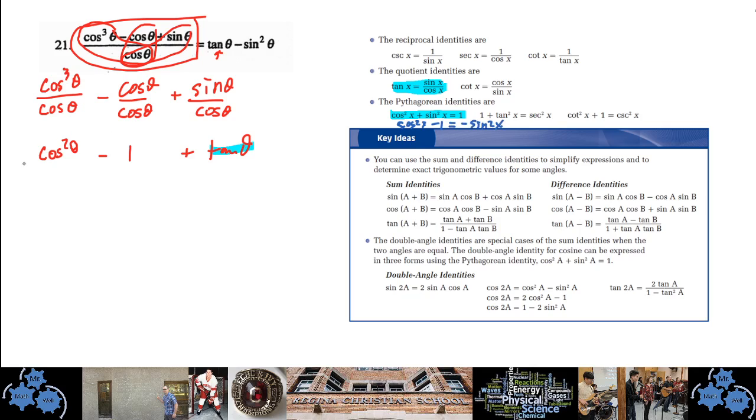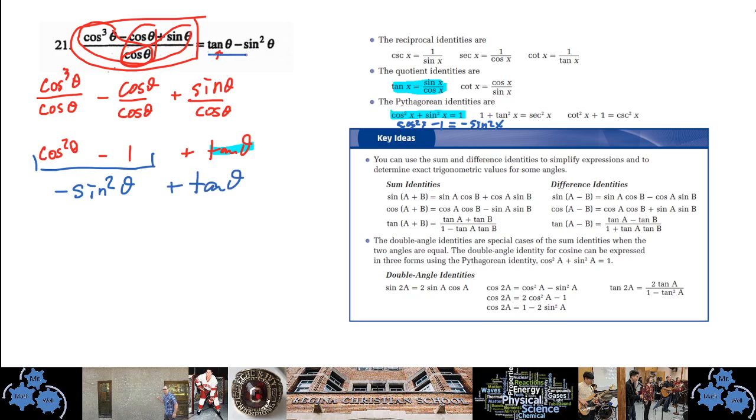So cos squared minus 1 is different than 1 minus cos squared, but it's kind of the same, just the opposite sign. So cos squared minus 1 is similar to 1 minus cos squared, except instead of being sine squared, it's negative sine squared. So this is negative sine squared theta, plus tan theta.